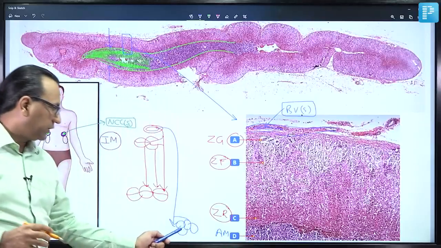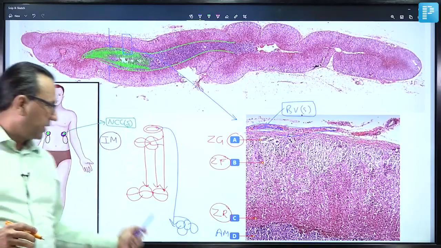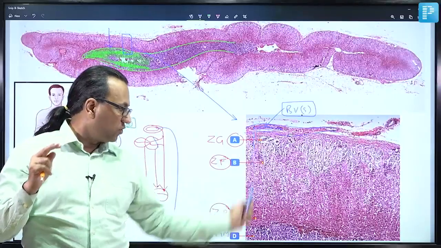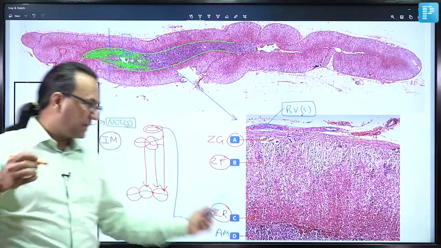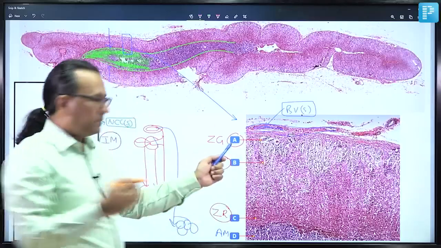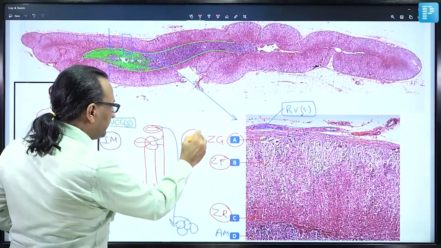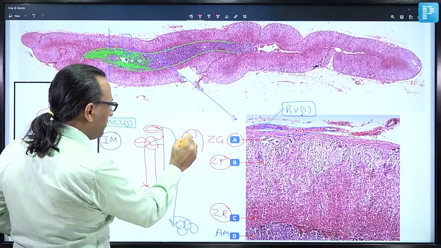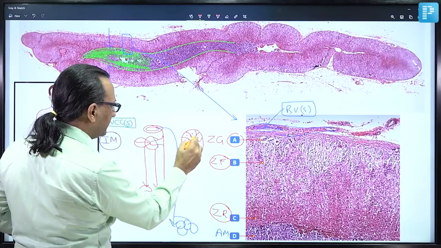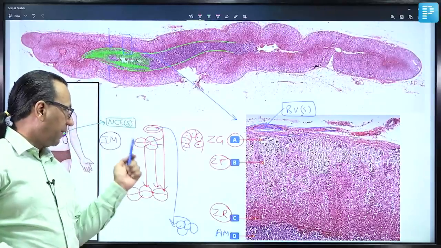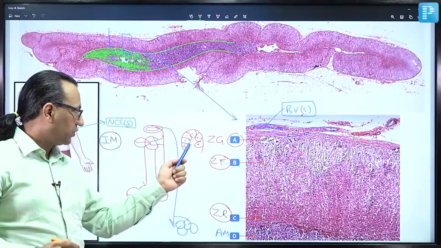Now, what is the purpose of showing the arrangement of blood vessels? Because it will help us in identifying various zones here and the type of cells as well. You'll find in the zona glomerulosa, as the name suggests, a cluster of cells making a glomerulus kind of arrangement, and interspersed will be the fenestrated capillaries or sinusoids.